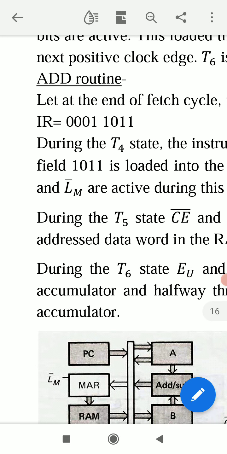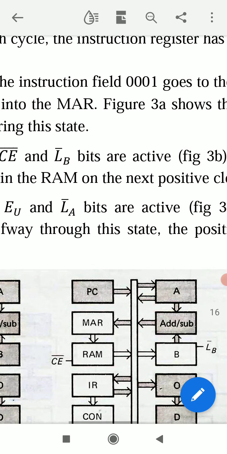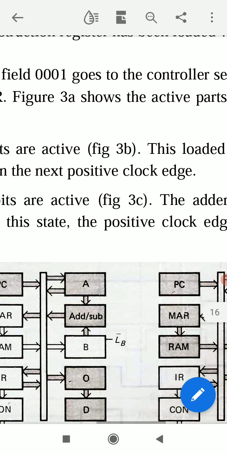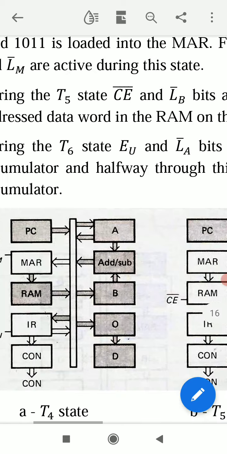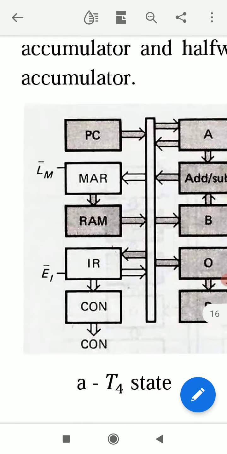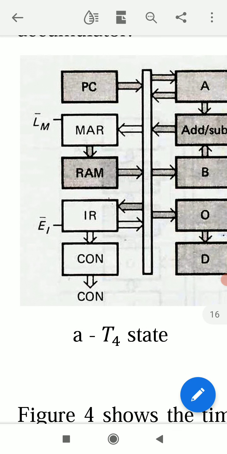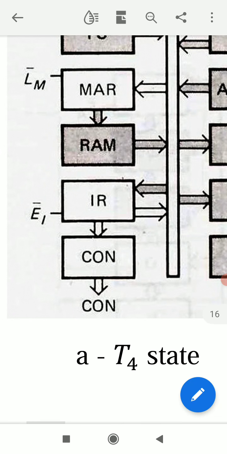During the T4 state, the instruction field 0001 goes to the controller sequencer. This is the T4 state. From IR instruction register, which contains 8-bit word, 4 bits go to CON, controller sequencer.